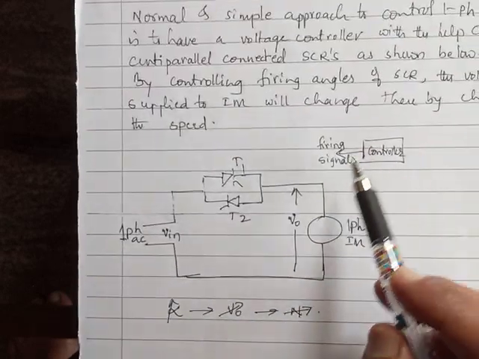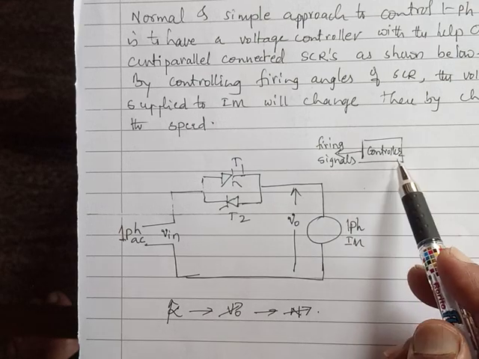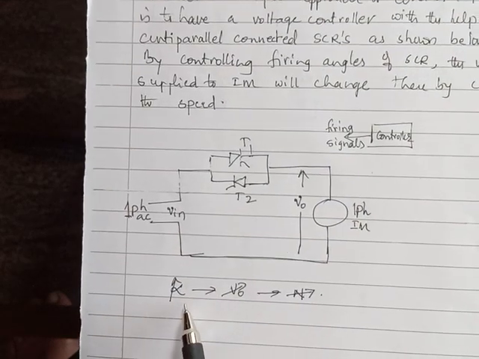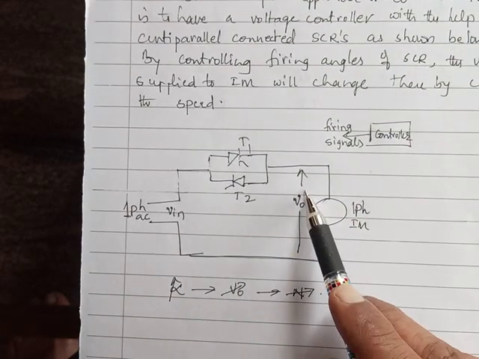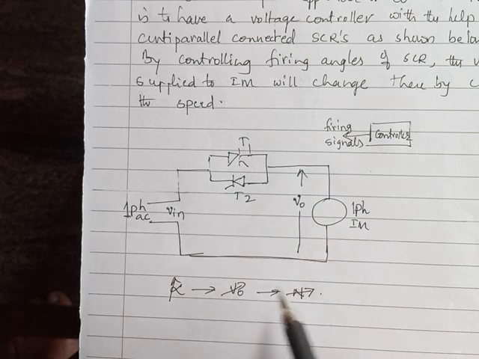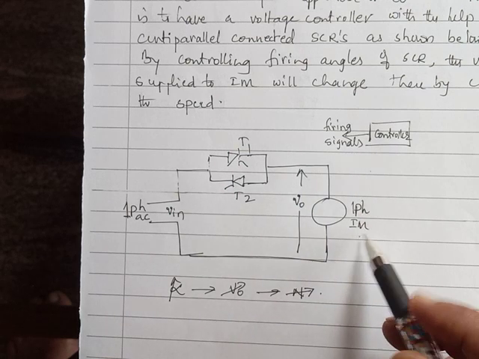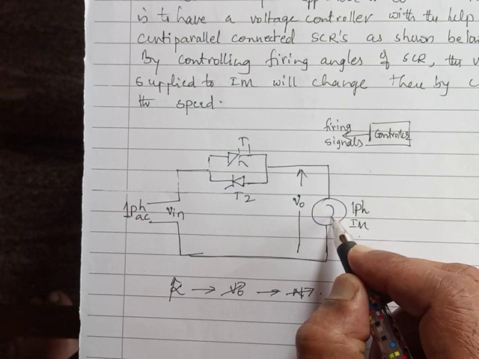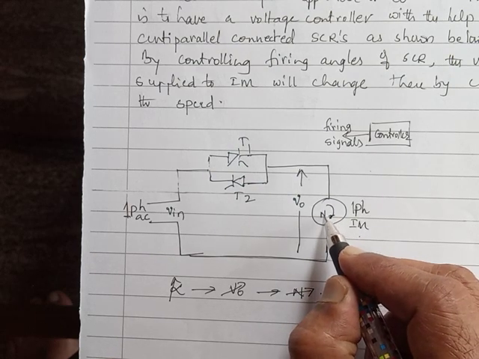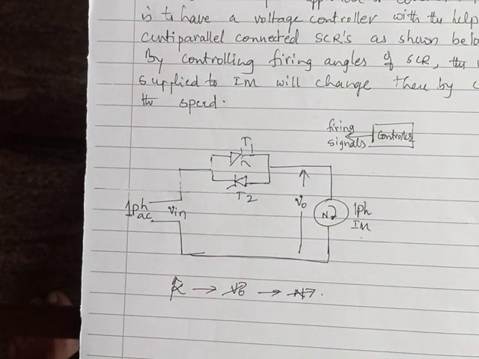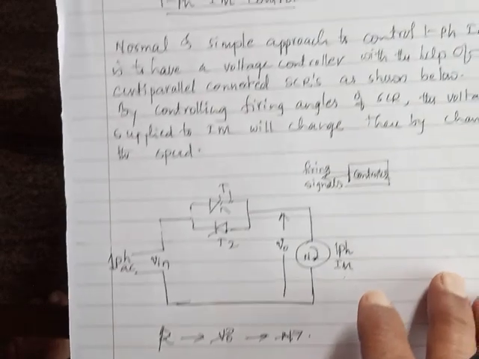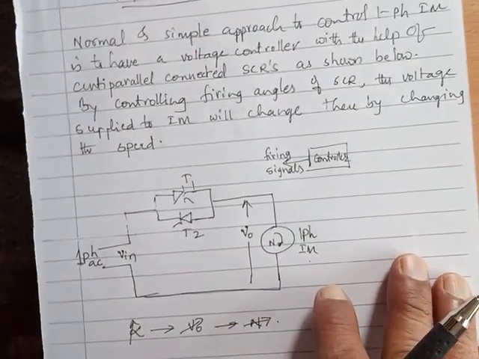The firing angle of these signals can be changed. When we change that alpha, the effective value of V0 will change, hence the speed of this motor will change. So the speed at which the motor runs will change. This is how normally the single phase induction motor is controlled.